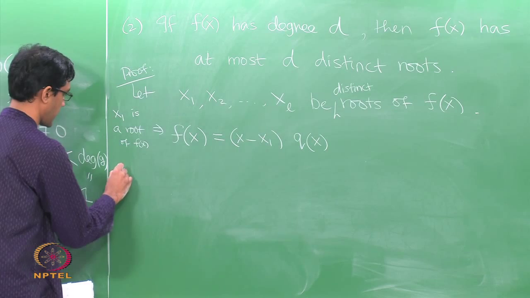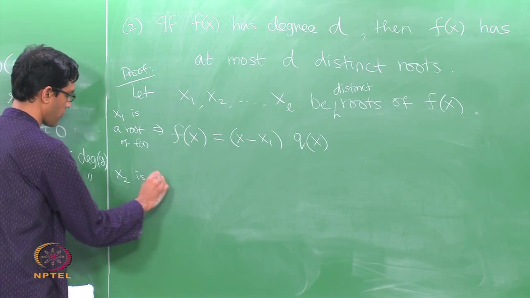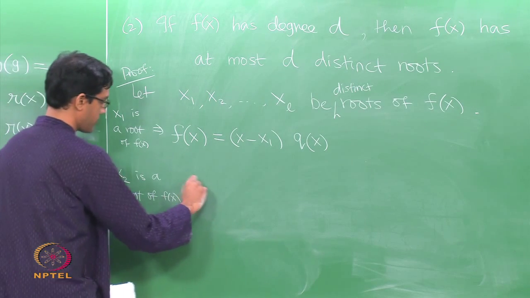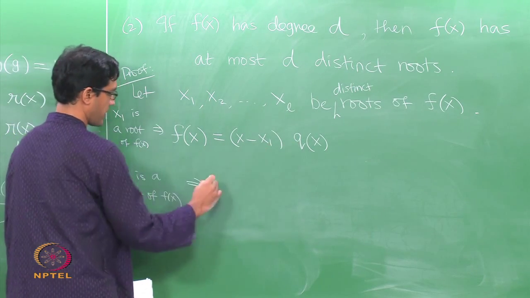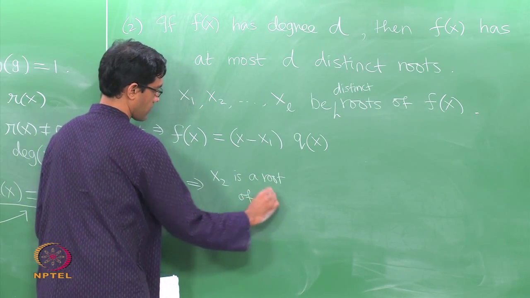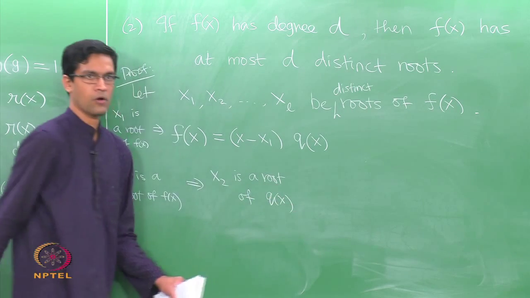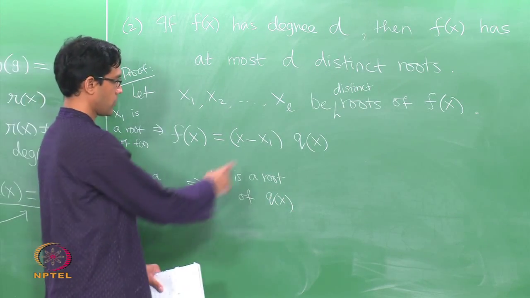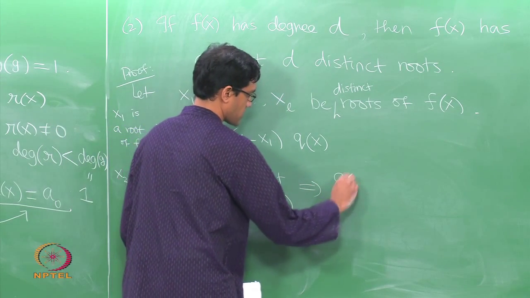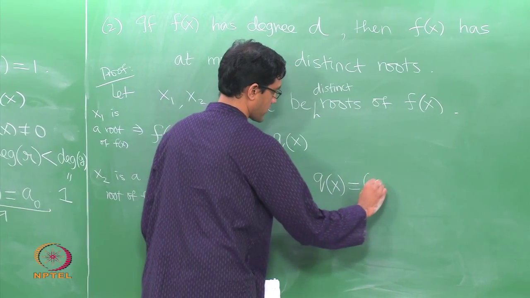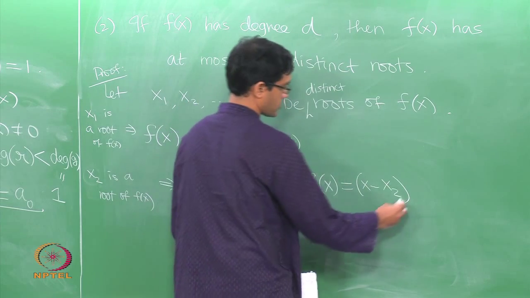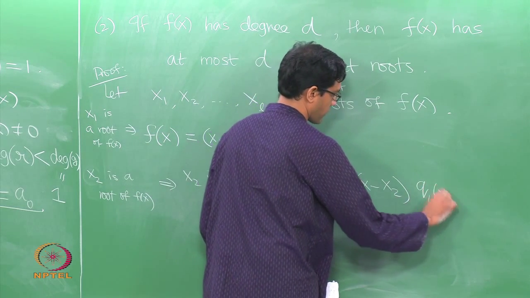So observe, the second conclusion is the following: since x2 is a root of f of x, it actually implies that x2 must be a root of q of x as well, because x2 minus x1, the term in front, is non-zero. Which means again you use the same thing. It says since you have a root of q of x, x minus x2 divides q of x. So let us call the quotient something, let us call it q1 of x.